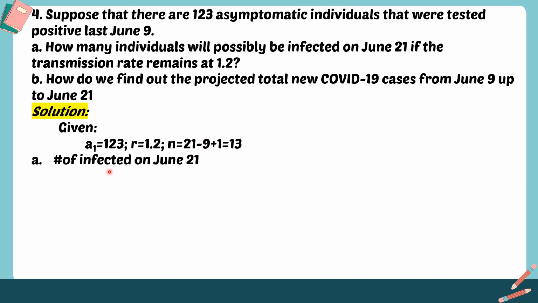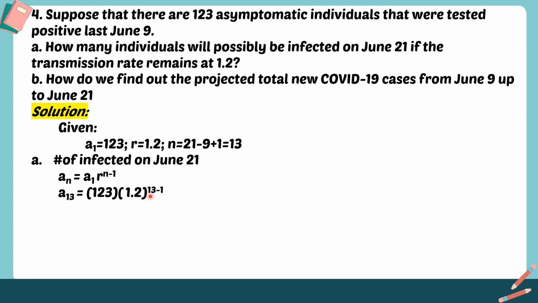Then, to solve for the infected on June 21, we need to use the nth term for geometric sequence. We have a sub n equals a sub 1 times r raised to n minus 1. Then, substitute lang tayo ng a sub 1 na 123. And then, yung common ratio natin na 1.2 dahil yung kanyang rate ng transmission ay 1.2.